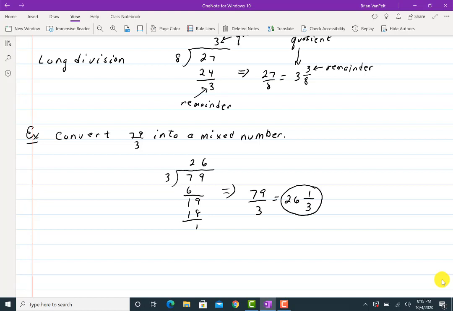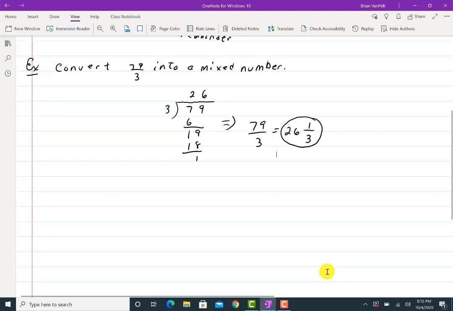All right, so let's make sure that we have this. Quotient, then remainder, then divisor. Let's do a few more examples.